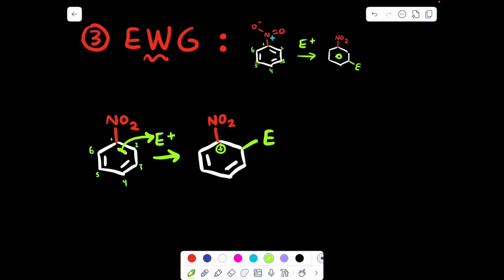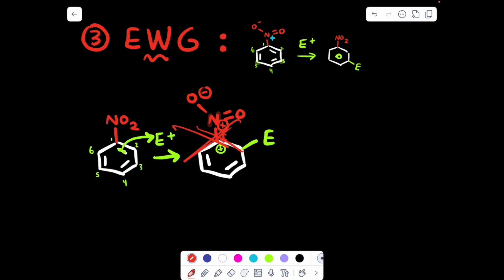Now the question is, is this carbon stable? Is carbon number 1, the cationic carbon, stable? Well, the pi bonds, the neighbors, could help it out, and that would be correct, but what I really want you to look at is how the electron withdrawing group specifically affects this cationic carbon. Since this nitrogen is in an electron deficit, it is positively charged. Like charges repel, and you have a positive charge right beside a positive charge.